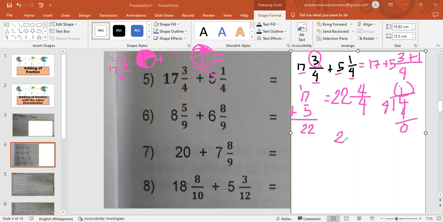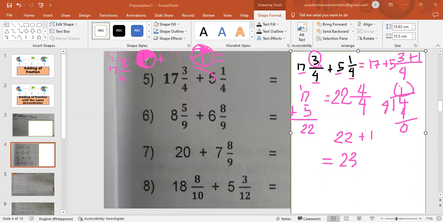So, if that will be 1, then you have to add that 1. And now, it became 23. That is 23 na. Have you seen that? That became 23. You got it?